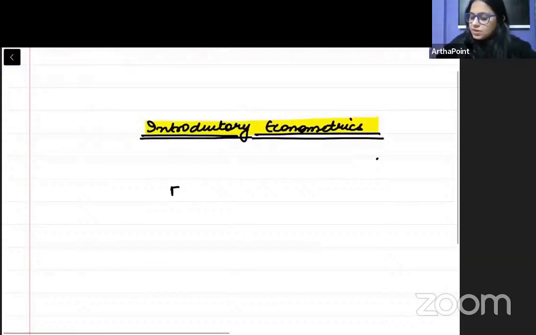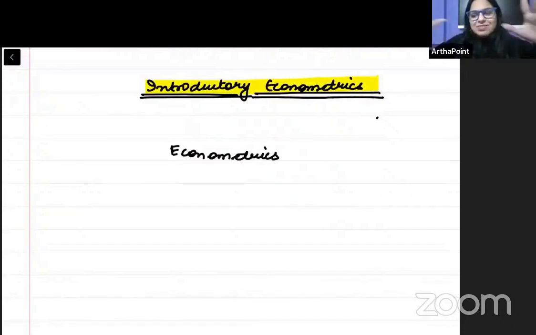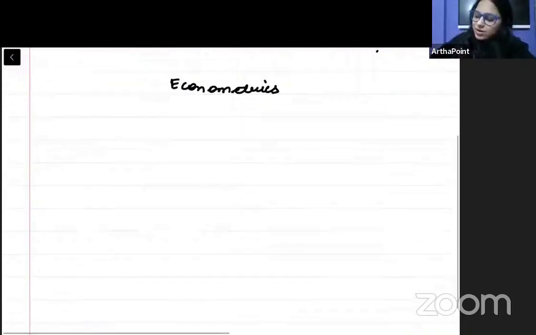So to begin with, the first thing that I want to do is talk about what econometrics is first of all. Econometrics: economics with maths clubbed together, right, beta?